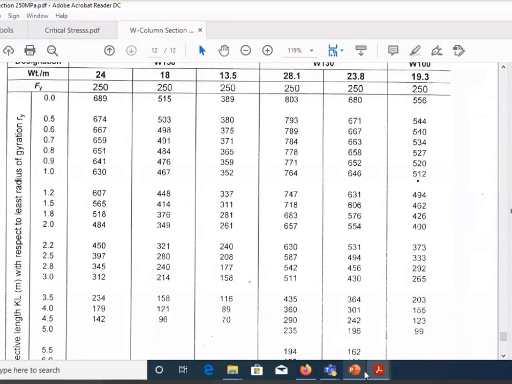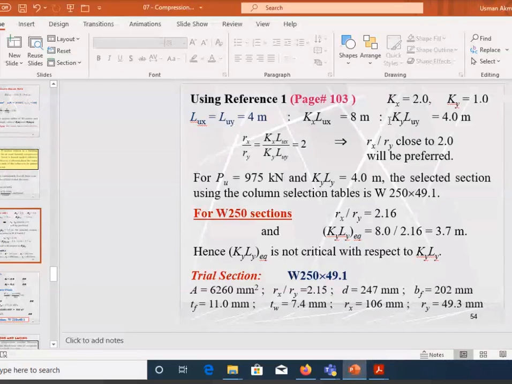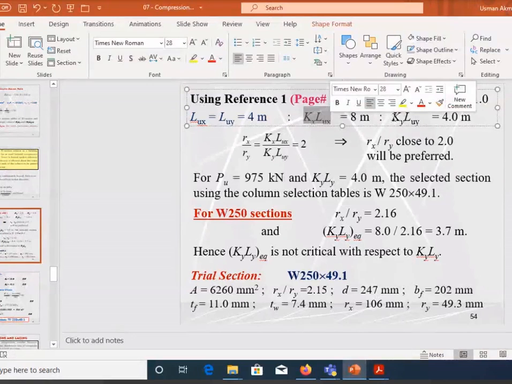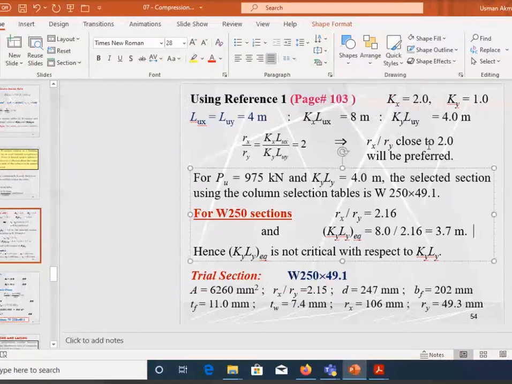So although we are having a different effective length about the x-axis and also a different effective length about the y-axis, first of all we will select the section based upon the effective length about the y-axis and based upon the capacity, our factored load.